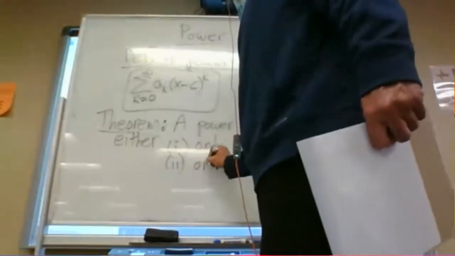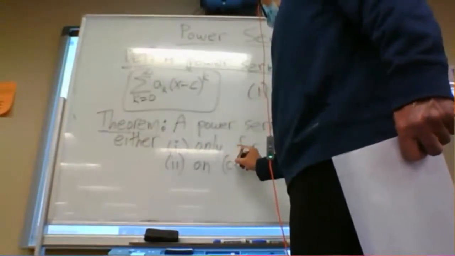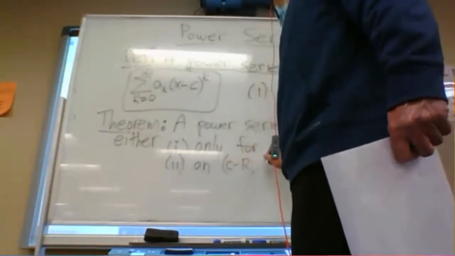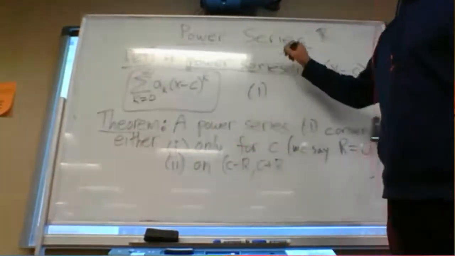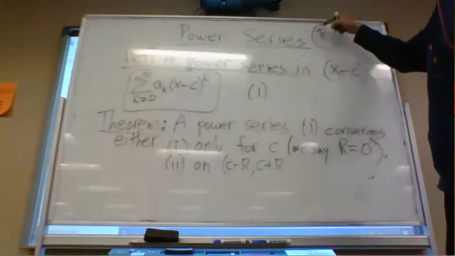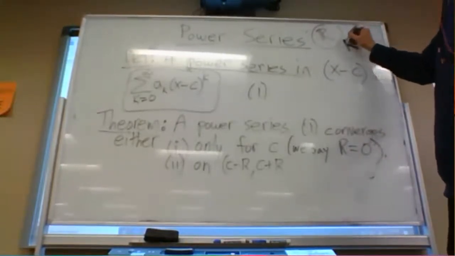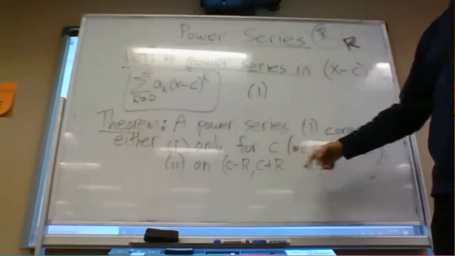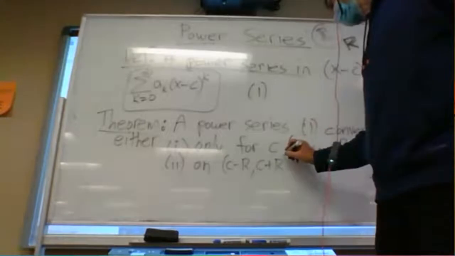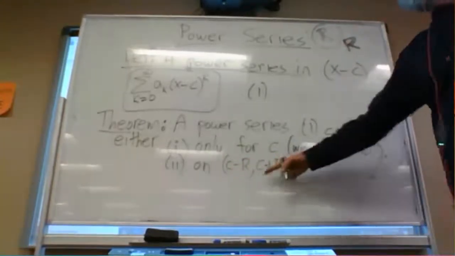The other thing that can happen, it can converge on the interval c minus r to c plus r. This r is not the real numbers. Remember, if I'm writing the real numbers, I'll write this symbol with double bars, or the book will make it boldface. I just can't do that on the board. It takes too long, right? So these things will mean the set of real numbers, but r here is a number. It's called the radius of convergence.